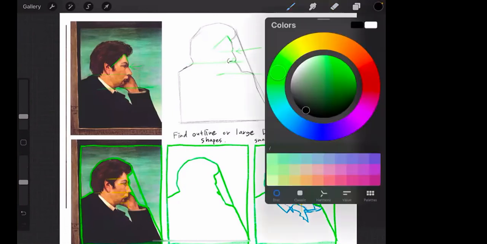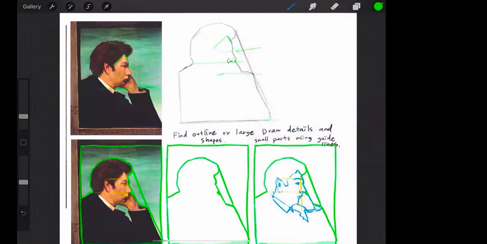And I'll use the guideline. So the nose, the septum, about here. It's a very tall nose. The septum, retroseptum. And oh yeah, we can also find the line for the mouth about here.